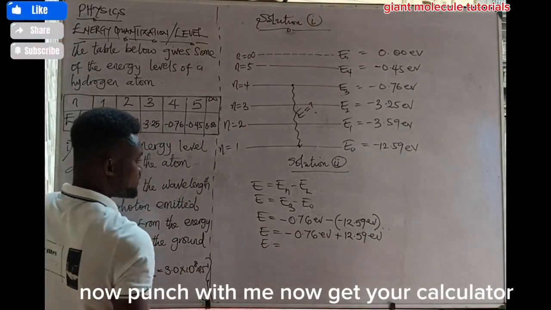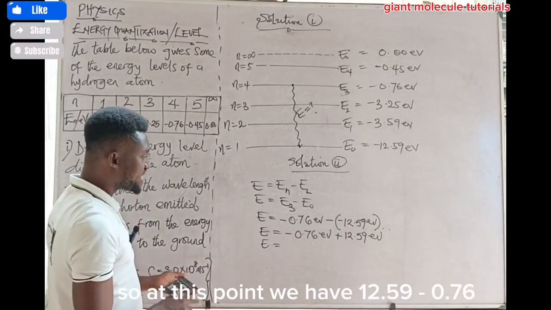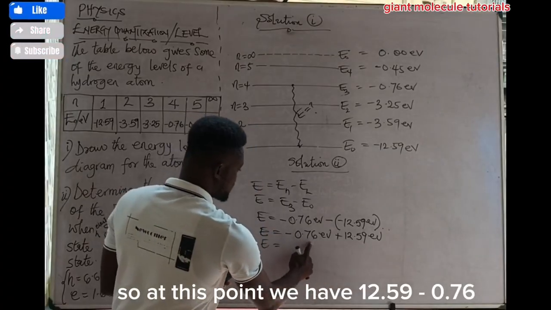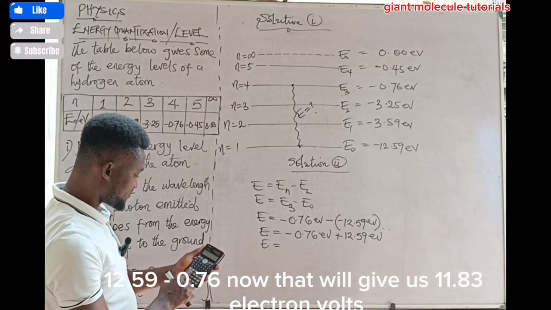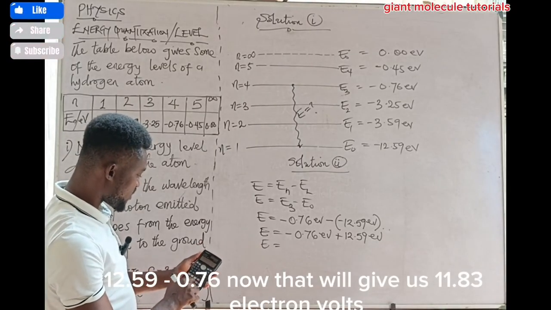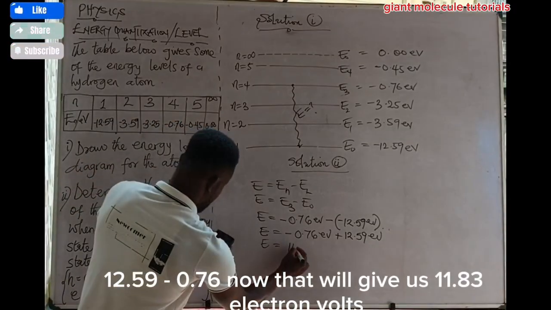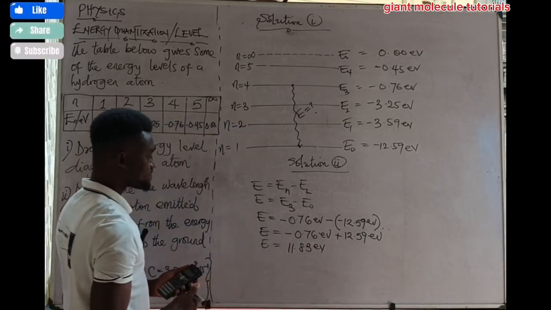Now, punch with me. Get your calculator. So we have 12.59 minus 0.76. Now that will give us 11.83 electron volts.